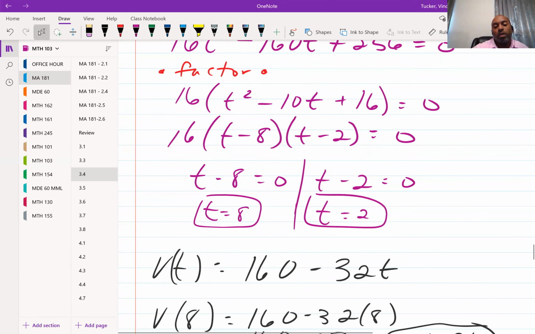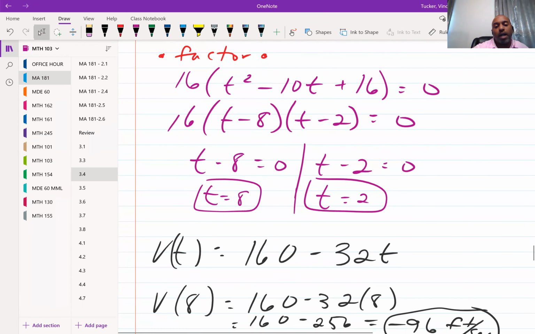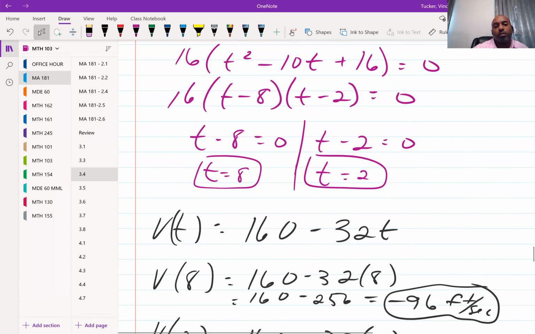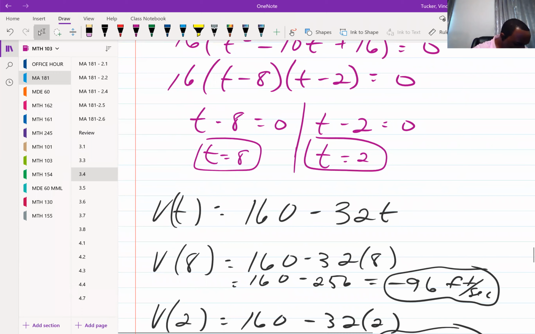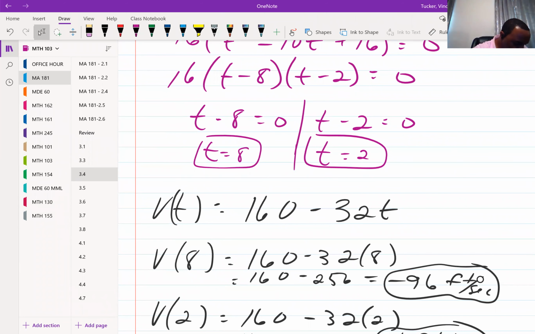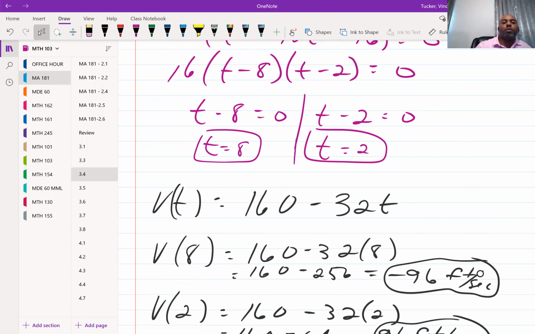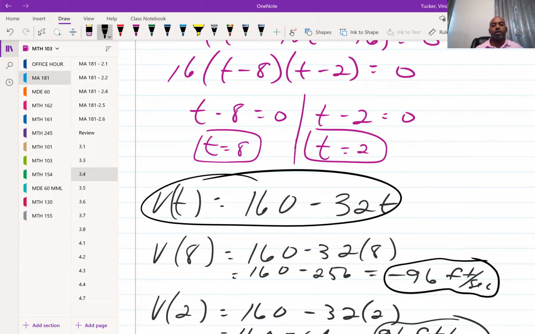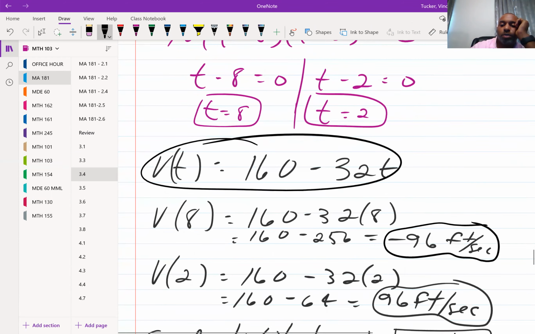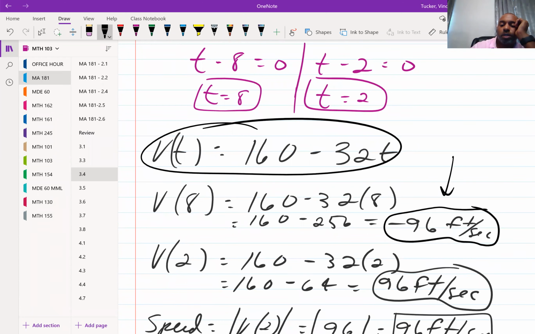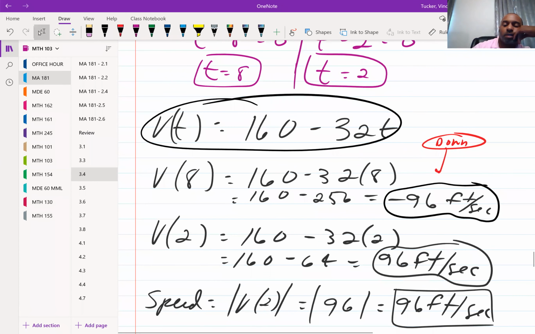All right, so if we want to know the velocity, remember, we know the velocity equation is 160 minus 32t. So we plug in 8 and plug in 2. We see that at 8 seconds, it's going down, so that's why it's negative 96 feet per second.